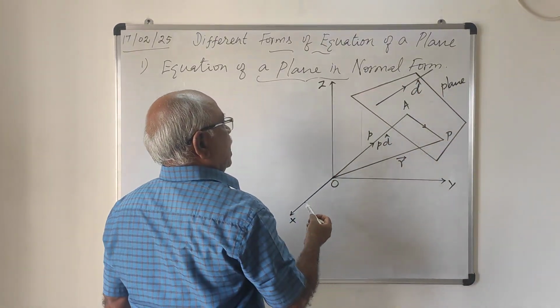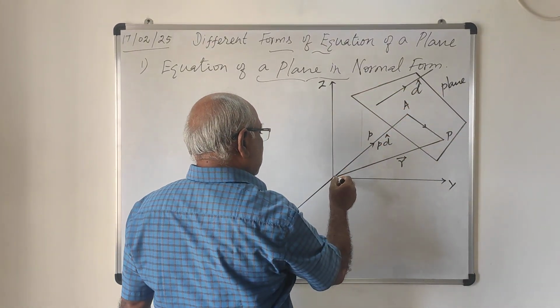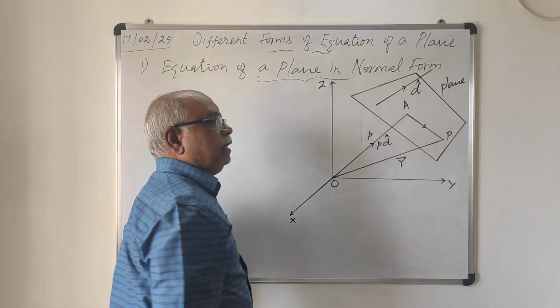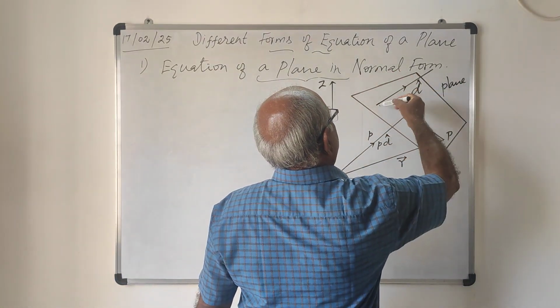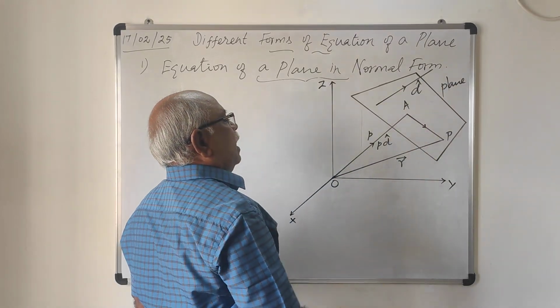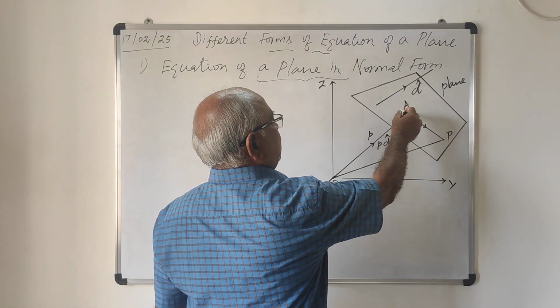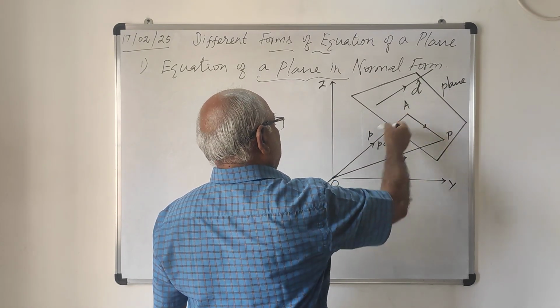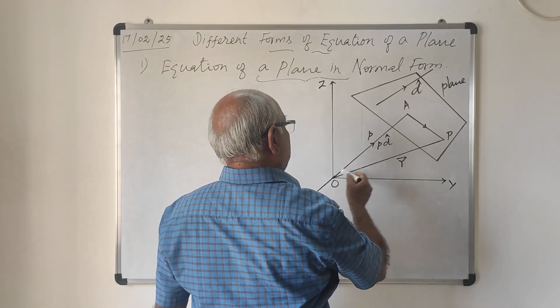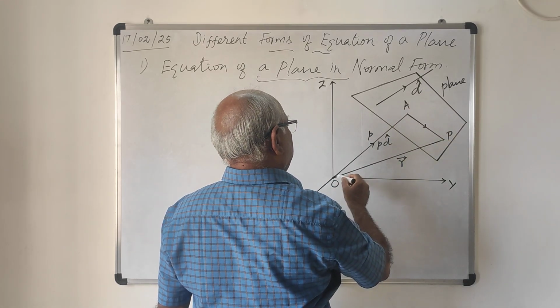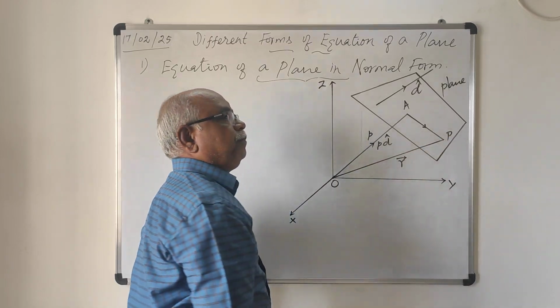This plane's perpendicular distance from the origin is p, and d cap is a unit normal vector to the plane. A is any point in the plane, and P is also a point on the plane. The position vector of the point P, OP, is r vector.